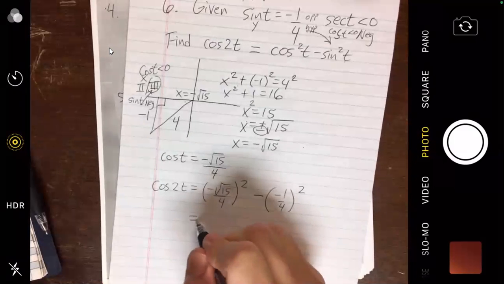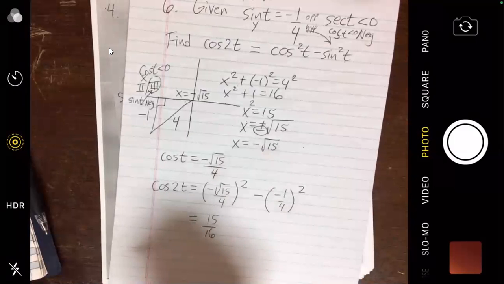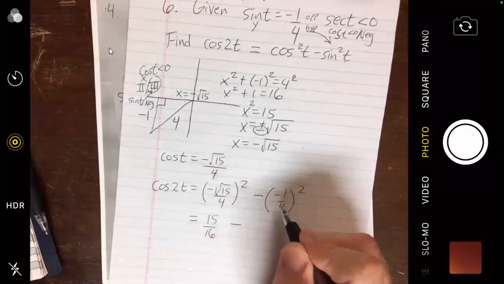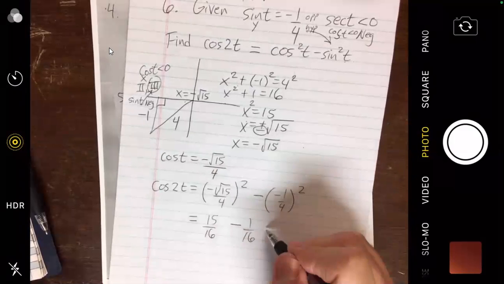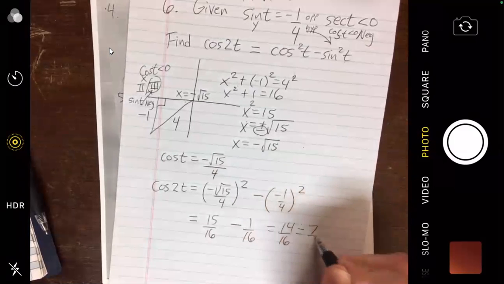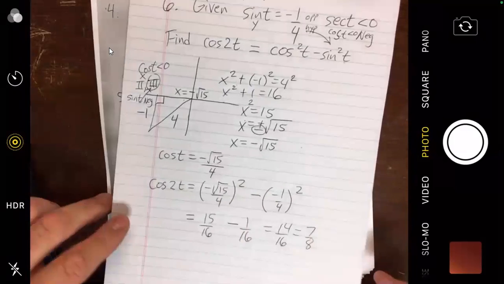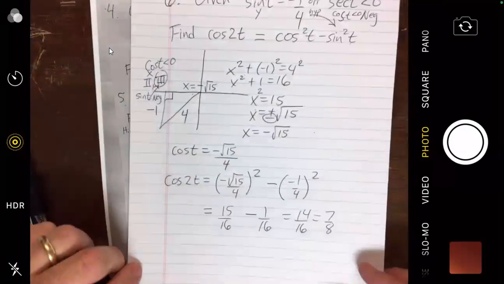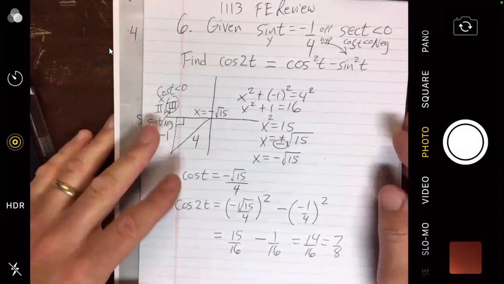And so that'll give you 15 over 16 minus 1 over 16. That should be 14 over 16, reduces to what, 7 over 8? I hope that's what I had on my key. Double check it. It is. Okay, that's all I had for that one.